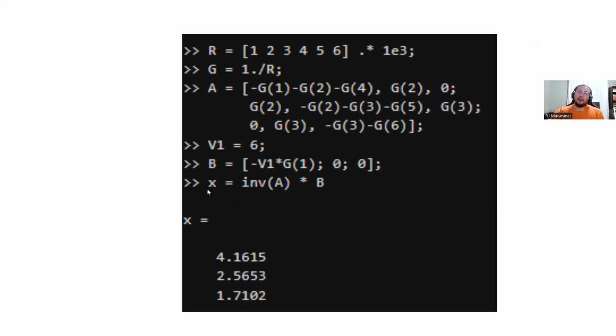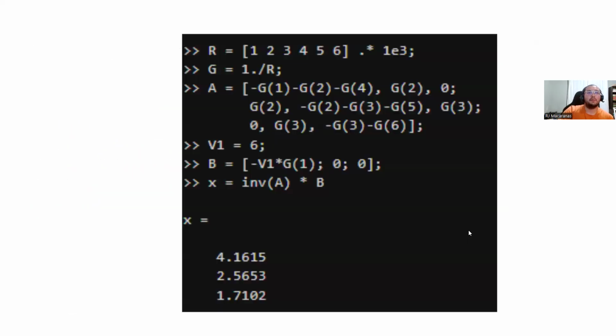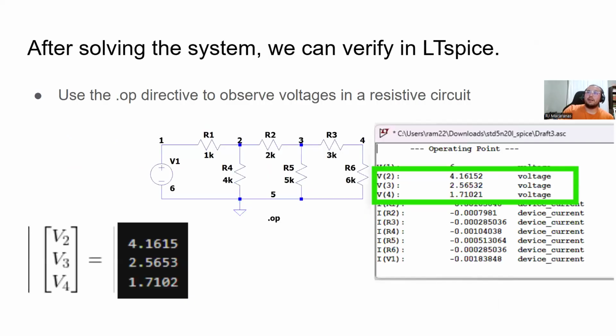And then again, we can use matrix theory to figure out what the solution vector is. That gives us 4.16, 2.56, 1.7. These are the node voltages V2, V3, and V4. This is our solution vector to our little matrix system here. That's all great, but then we need to verify that this is correct. So I simulated this in LTspice.